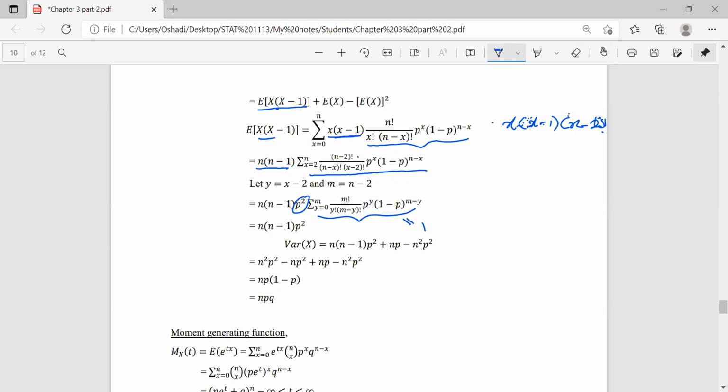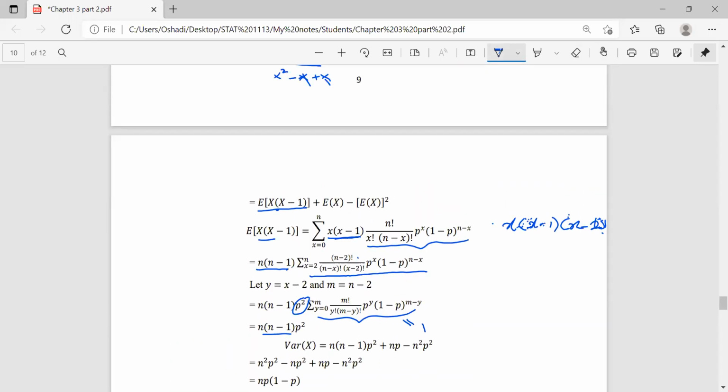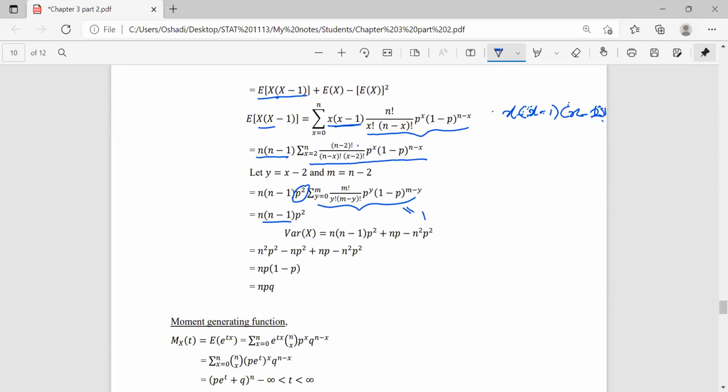Then the expected value of x into (x minus 1) can be written as this, and we substitute that value there and solve. So it is n into (n minus 1) p squared, what we find here, and then the expected value of x is np, and the expected value of x, the whole thing squared, is n squared p squared.